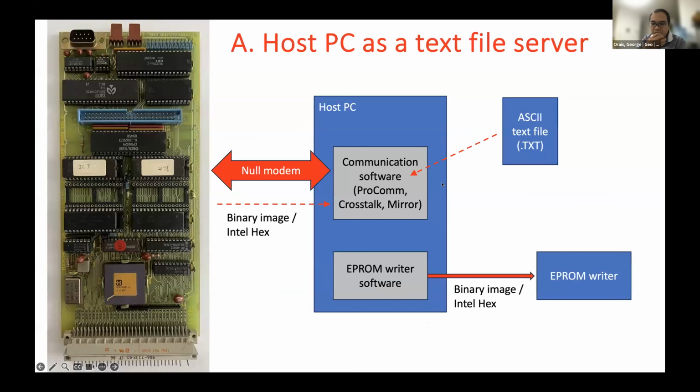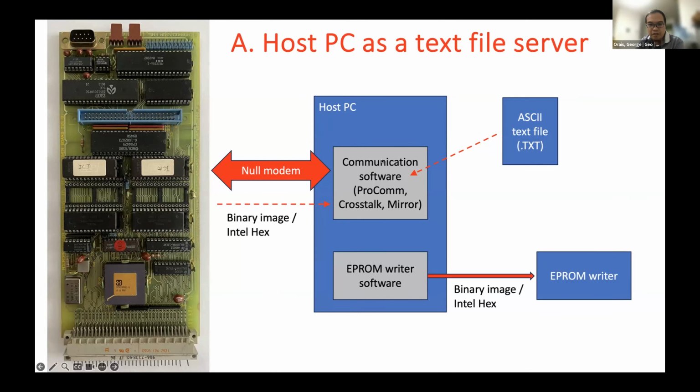So how do we program this board? Three ways were mentioned. First is host PC as text file server. We have the host PC connected to the board using a null modem.